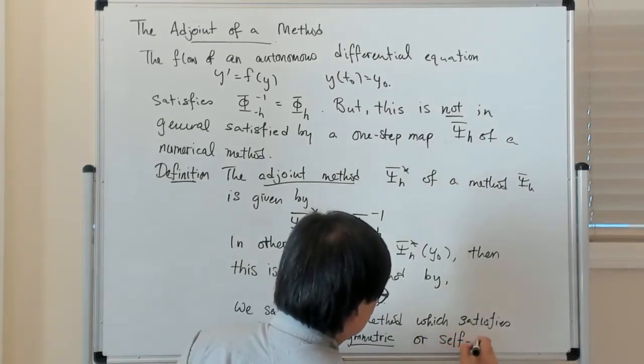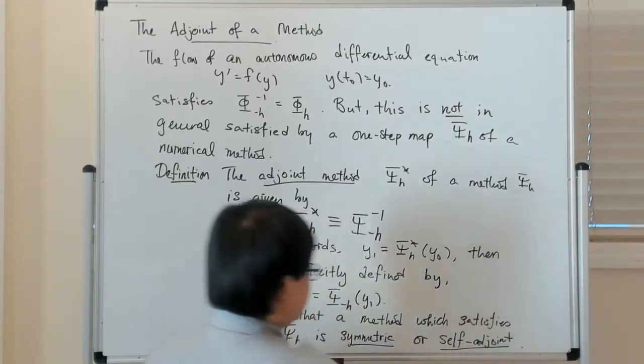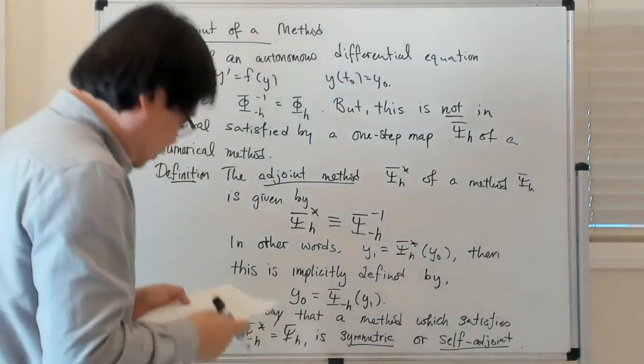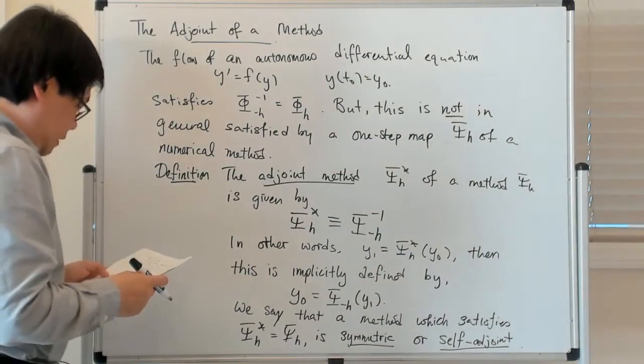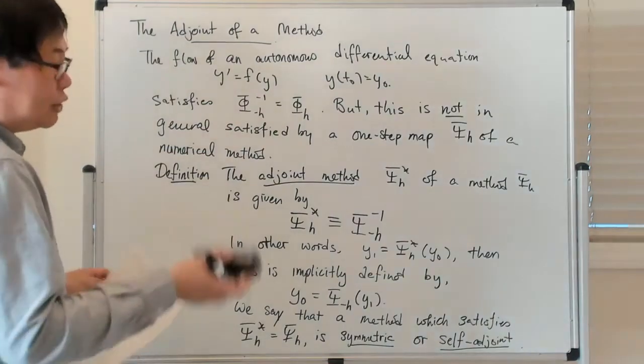So both those terms are used. Okay. So let's look at a few examples of adjoints of methods.